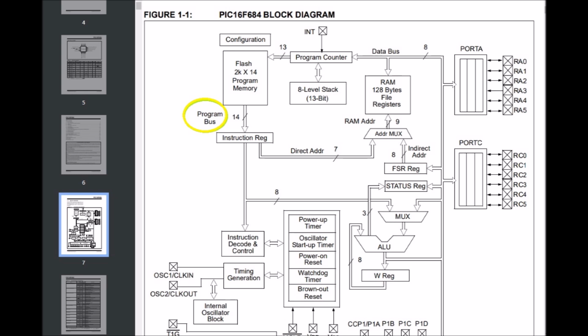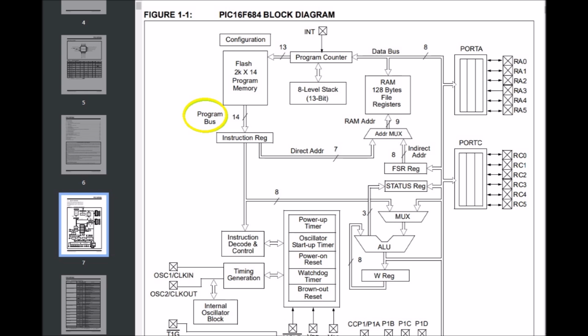So we talked about fetching and instruction execution. Now we're going to talk about addressing as related to the program bus. The program counter, PC, in the CPU holds the address of the next instruction to be fetched from the program memory. This address is sent over the program bus to access the correct memory location.